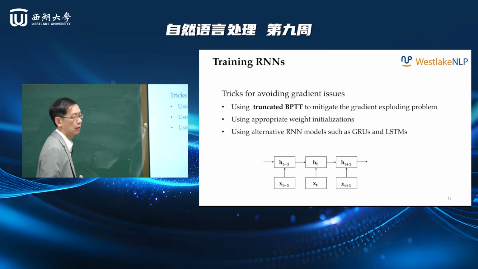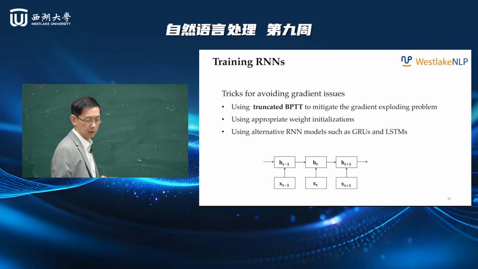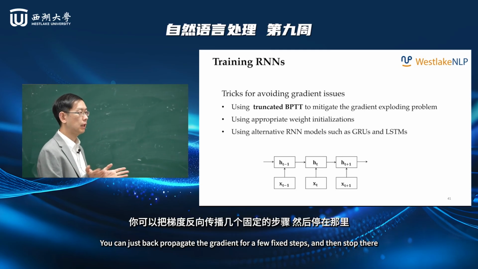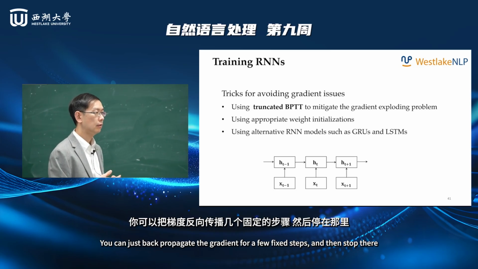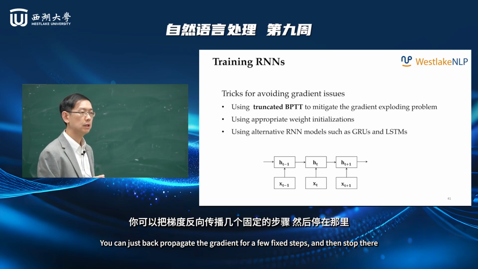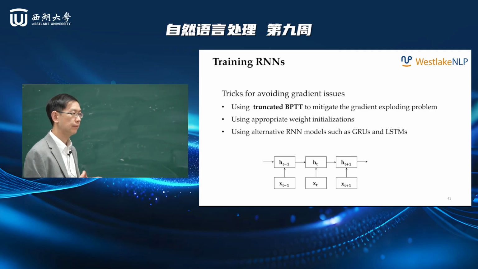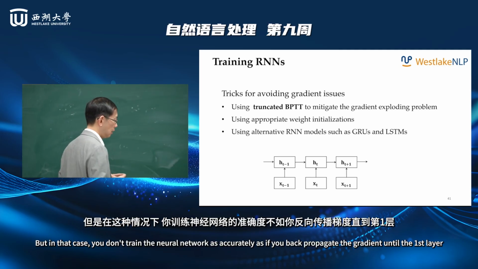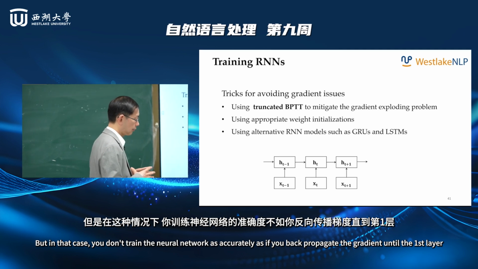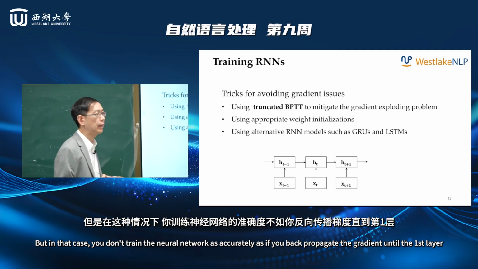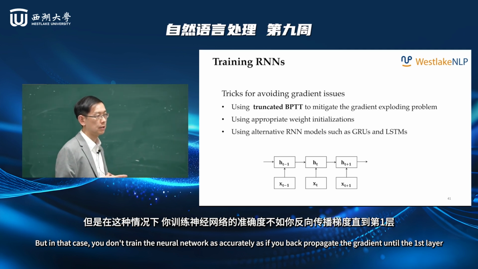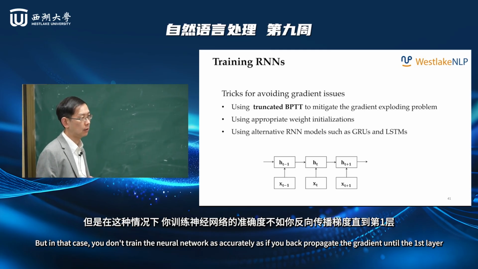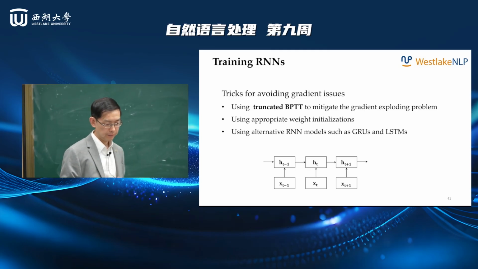Recurrent neural network. You can just backpropagate the gradient for a few fixed steps, and you stop there. But in that case, you don't train the neural network as accurately as if you backpropagate the gradient until the first layer.